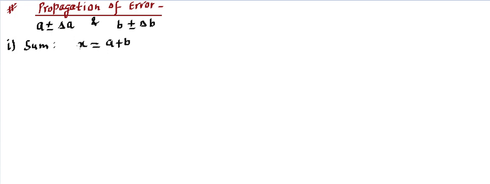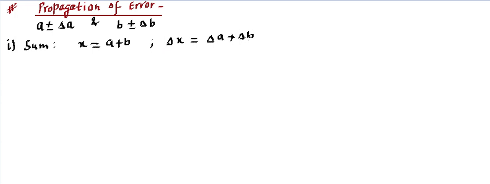That's over for getting the value of x. But our focus is what is the error involved in x as well, because this quantity has to be written as x plus minus delta x. So what this delta x is, that's our concern. So delta x is going to be written as delta a plus delta b.